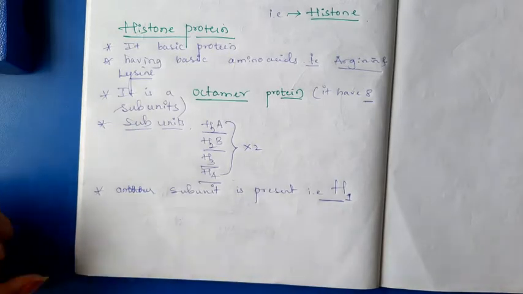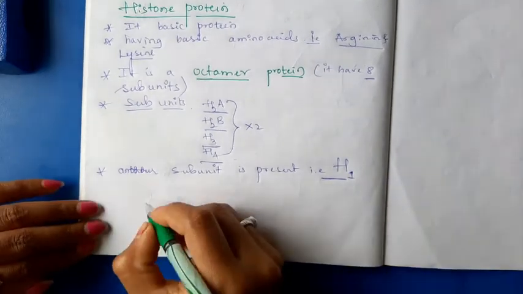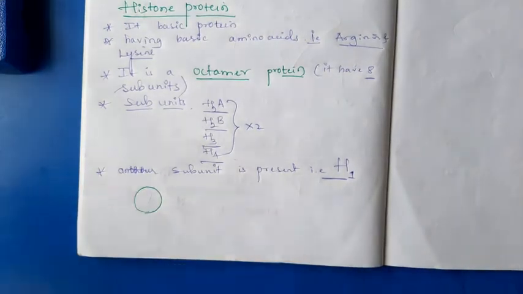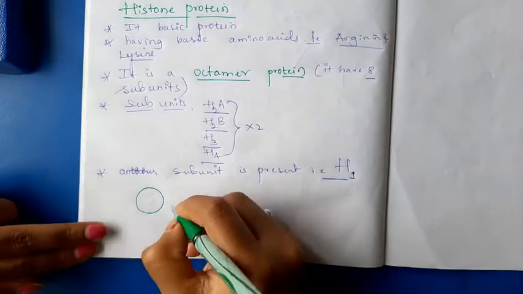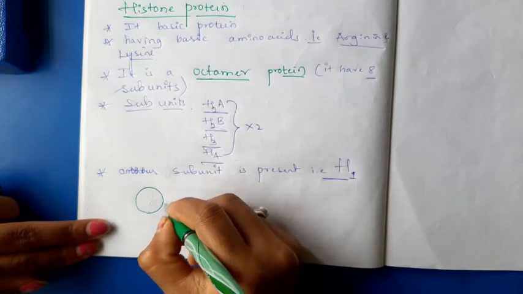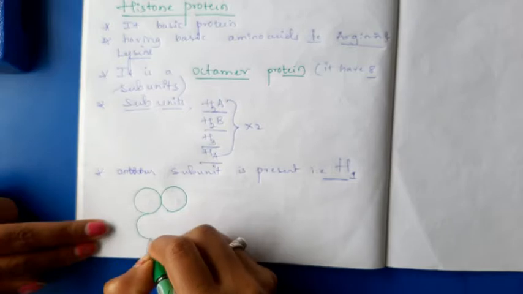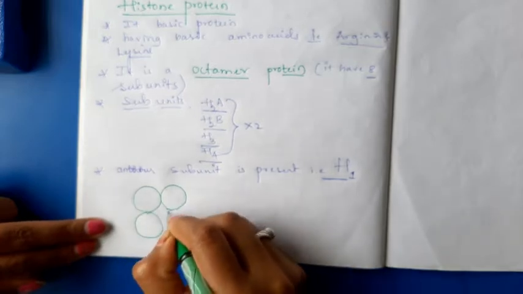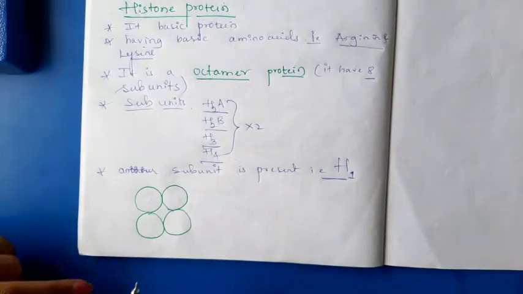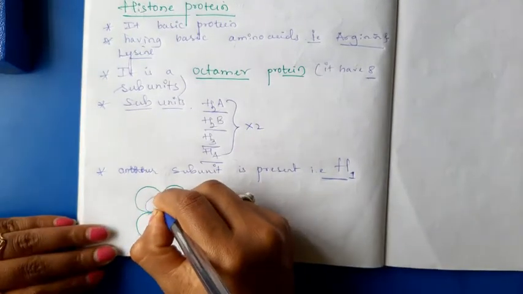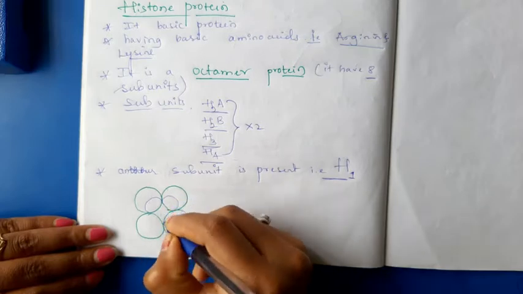Now we can discuss the structure. You know that histone protein is an octamer protein. It has 8 subunits. Now I am drawing the 4 subunits. Another 4 subunits are present inside the larger subunits.